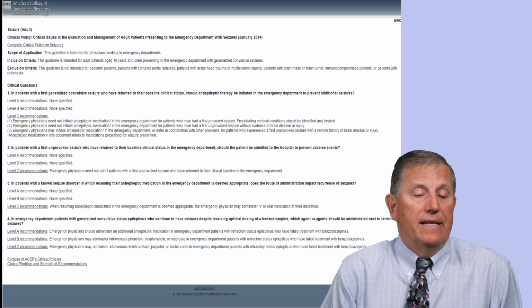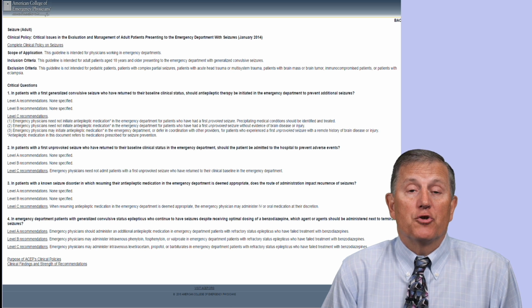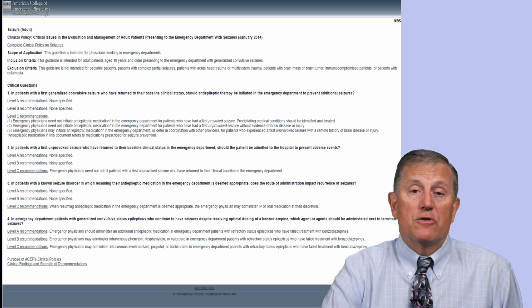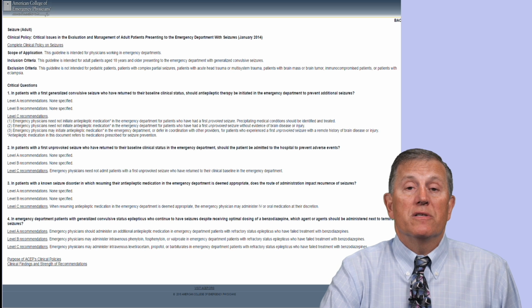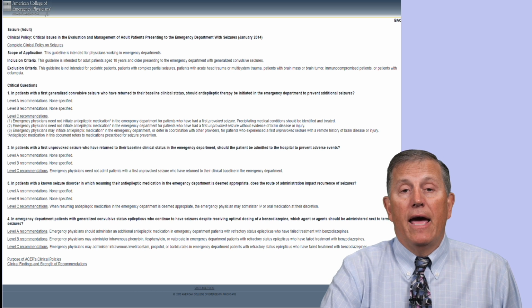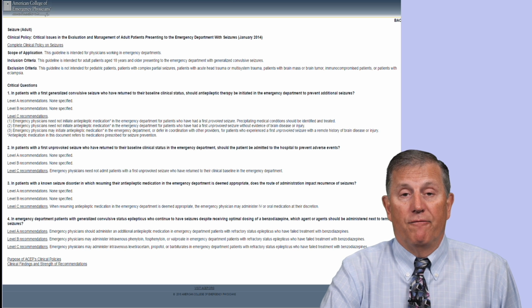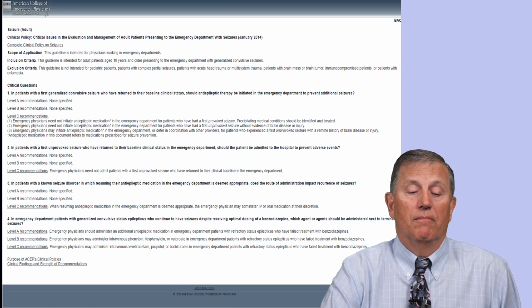This slide again demonstrates the 4 clinical questions with the recommendations based on the strength of evidence that supports these clinical recommendations. So these are 4 important clinical questions that were identified and provided by the ACEP Clinical Policy in the 2014 publication.